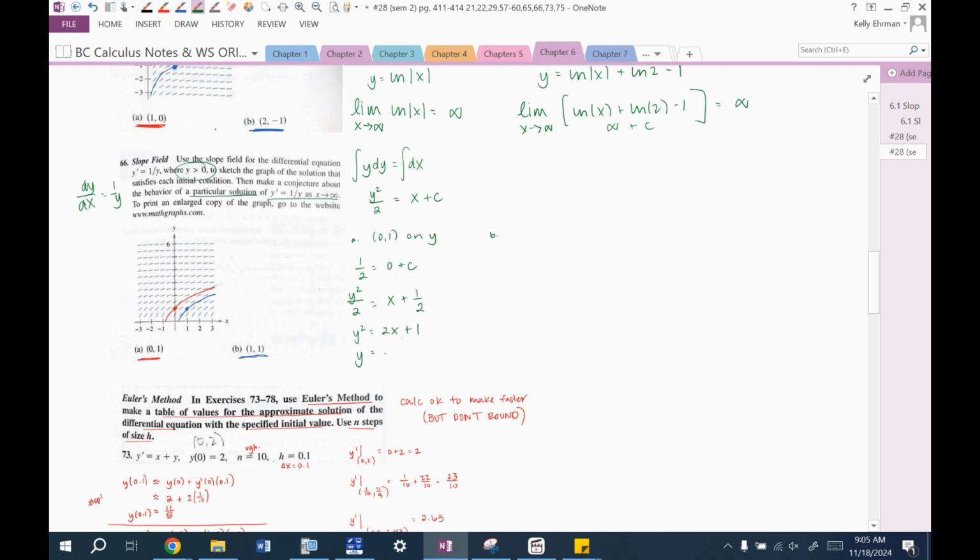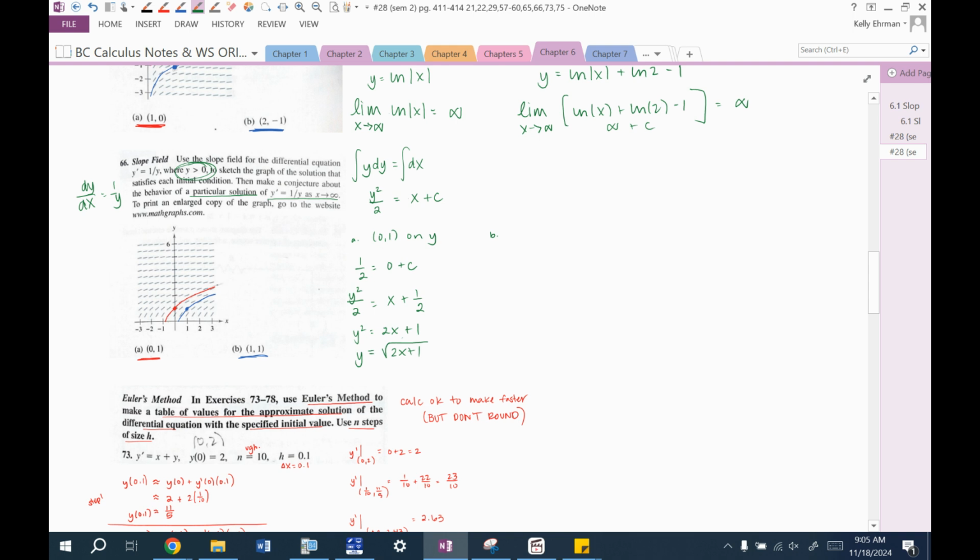Normally when we square root both sides of an equation, we get plus or minus the square root of 2x plus 1, except in this problem, we're told two things. They flat out tell us y is greater than 0, but they don't always tell you that. So how do you know that it's positive? You use your slope field and you look and see that all of these y values that we're plugging in here, all of them are positive.